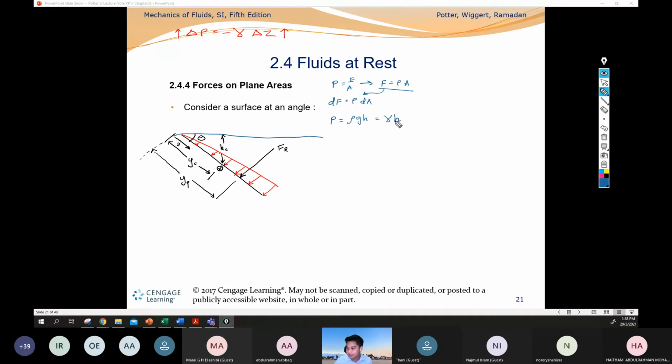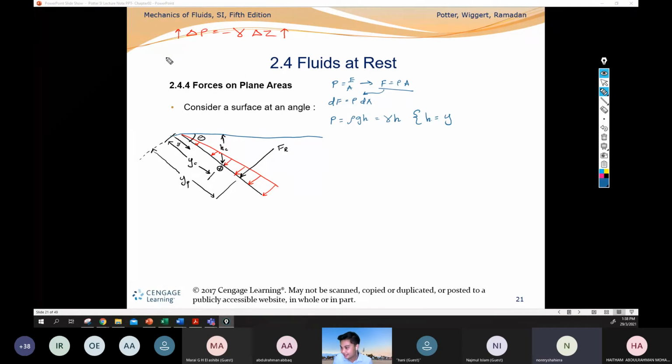For this case, can we see the h? Can we relate h with Y? This is h. How do we get it in terms of Y? Use the angle, trigonometry. So this Y with the angle: sine, cos, or tangent?